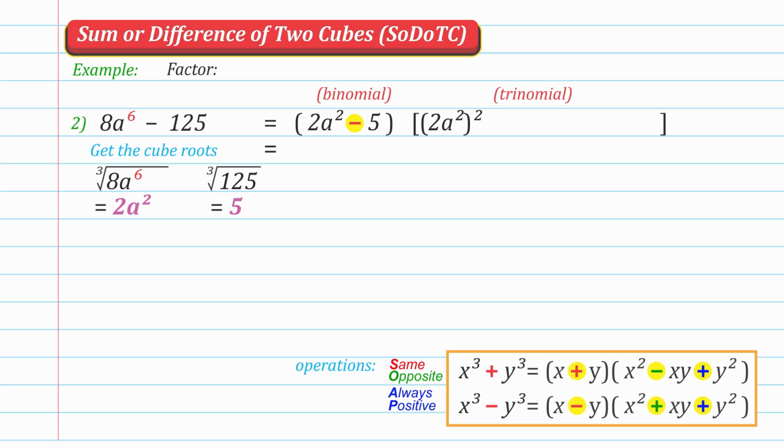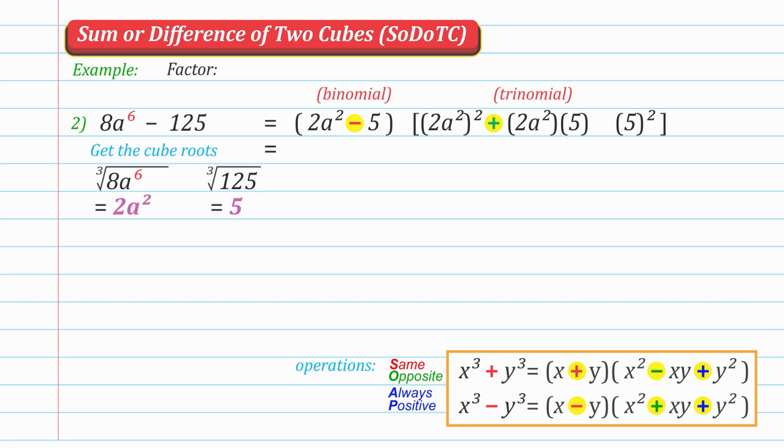So set it up first and remember to put parentheses. Next, the product of the first and second cube root. So let's multiply 2a squared and 5. Remember that the sign is opposite of the original expression here. So it's plus.